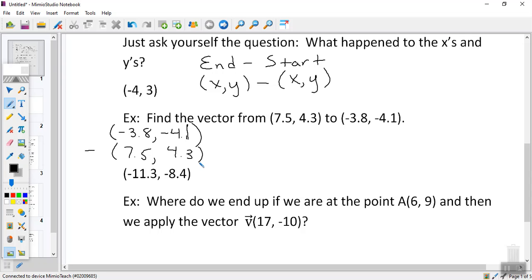Down 8.4. Guys, when you have vectors in rectangular form and you want to know the vector, in other words the horizontal change and the vertical change, you're taking the end point minus the start point.